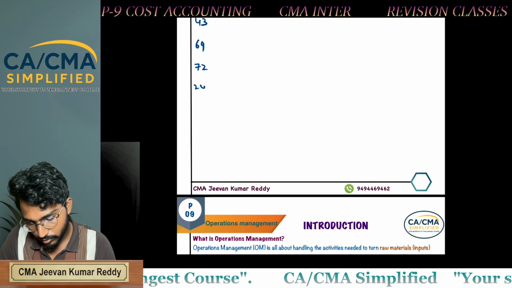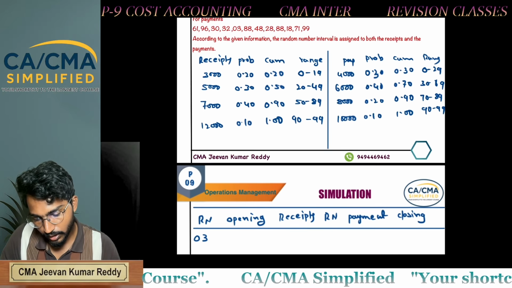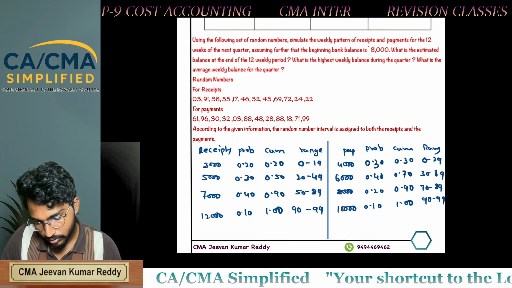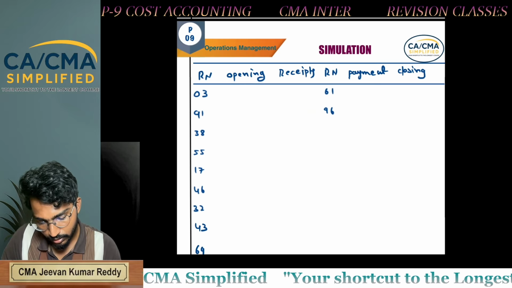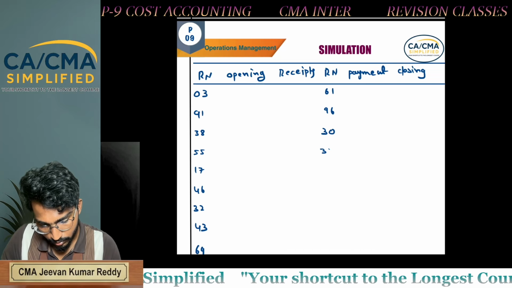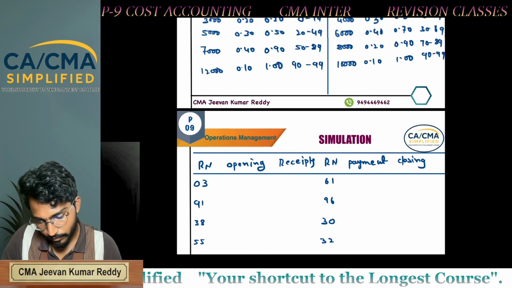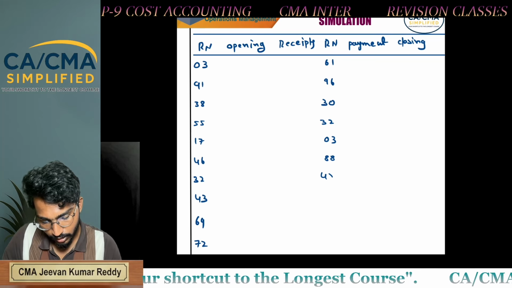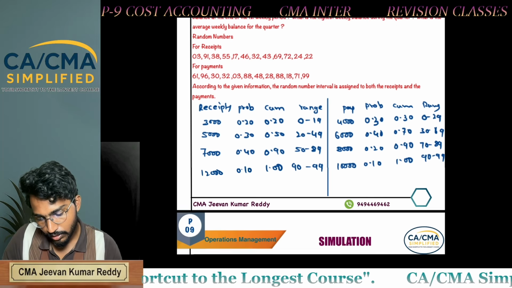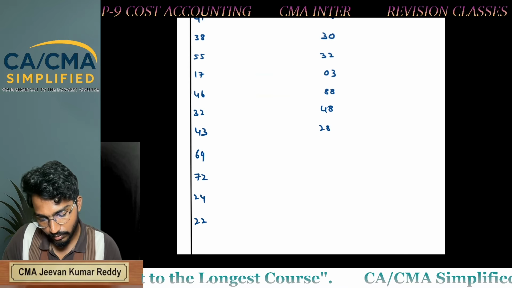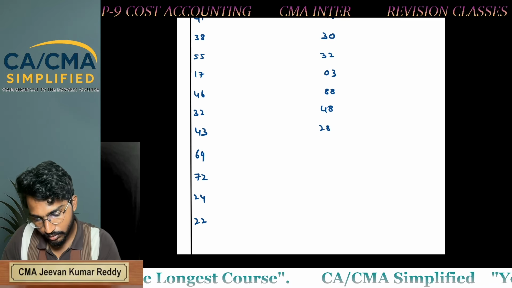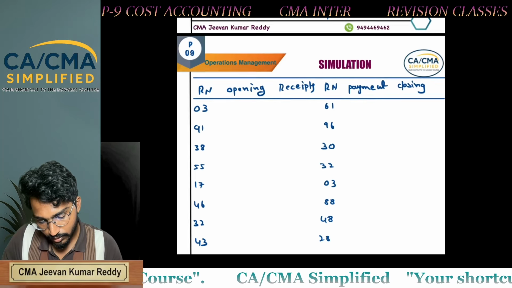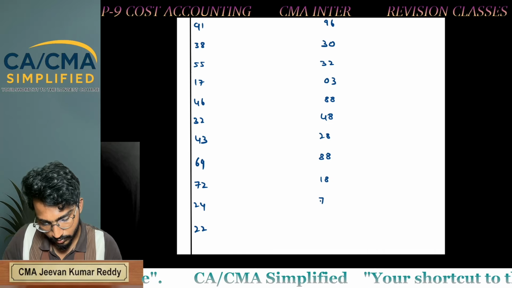Next, random numbers for payments: 61, 96, 30, 32, 03. Next, 88, 48, 28. Next, 88, 18, 71, 99.